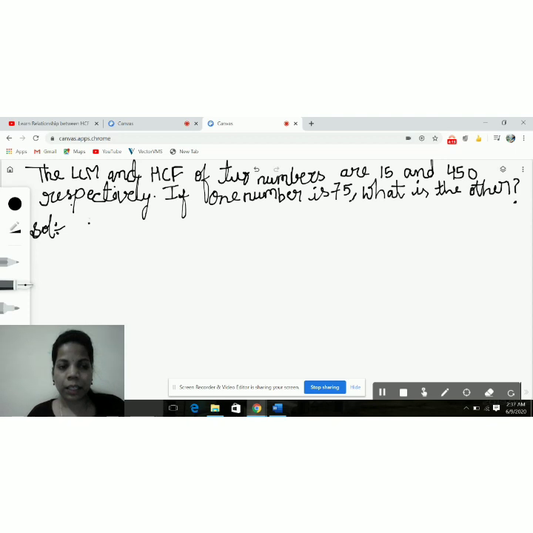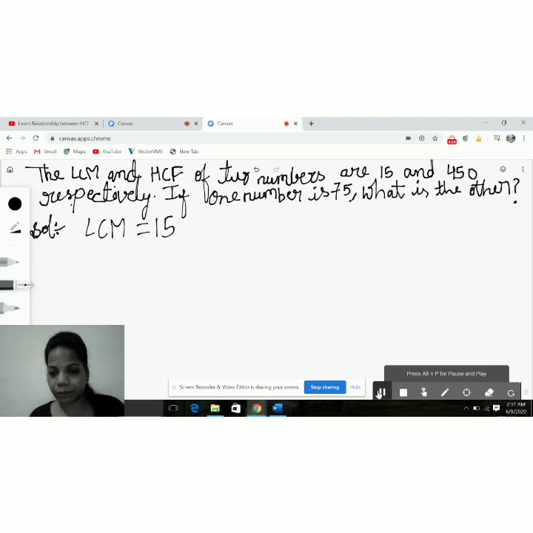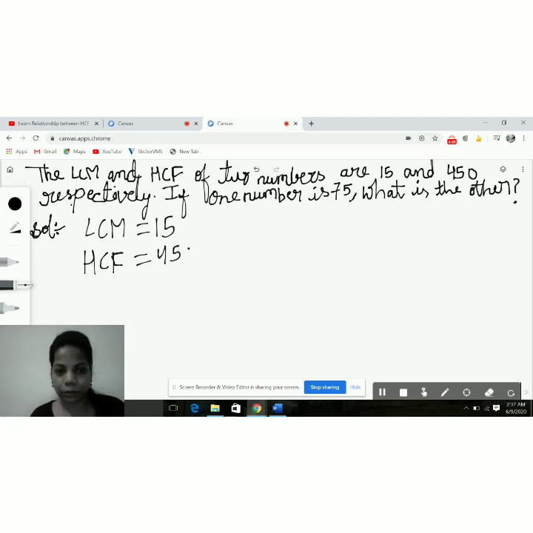That means given LCM is equal to 15 and HCF is equal to 450. If one of the numbers is 75, what is the other? So they have given one number and they did not give the other number. We have to find that other number.